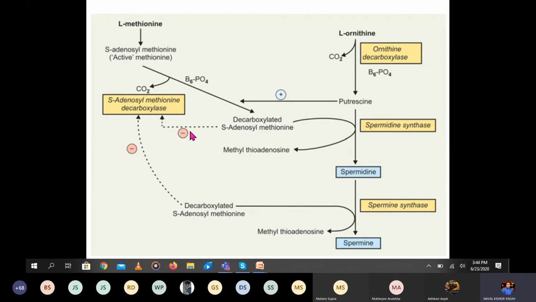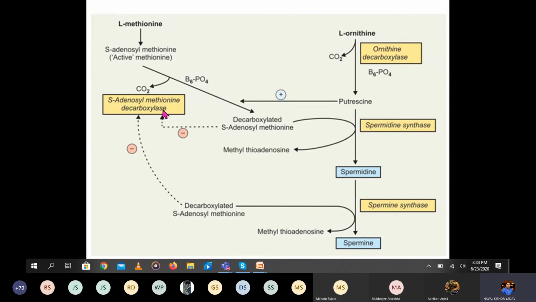But this minus sign indicates that if there is a larger amount of decarboxylated S-adenosyl methionine, this will inhibit this enzyme. Okay, it inhibits the S-adenosyl methionine decarboxylase. That means this indicates that there is enough decarboxylated S-adenosyl methionine. There is no need for further breakdown of S-adenosyl methionine.